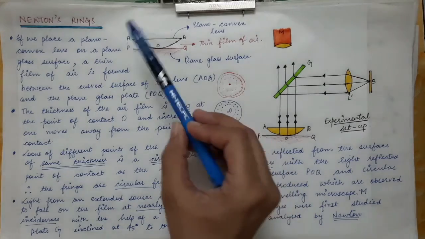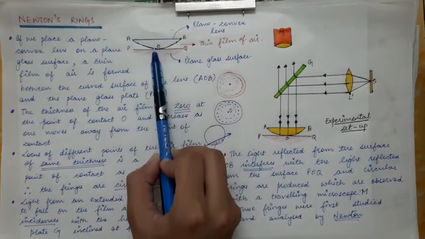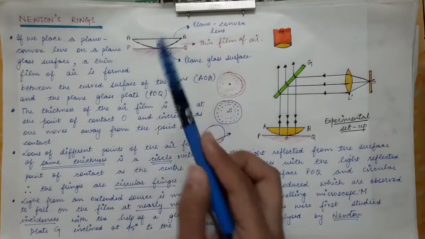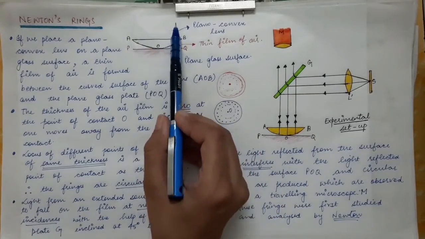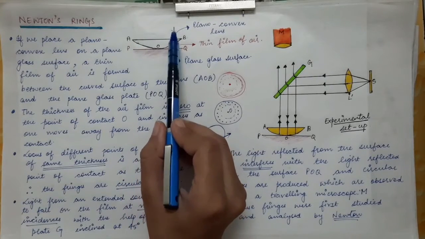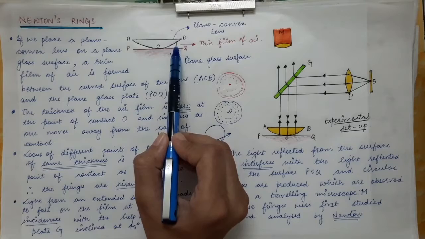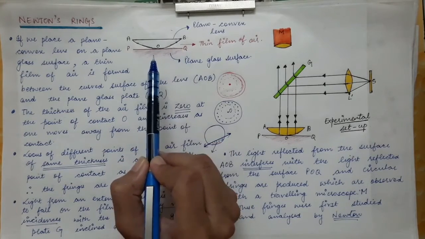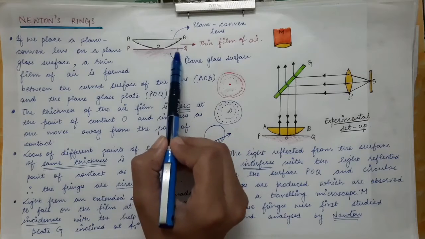So let's say the light rays are incident normally on this lens and they get reflected. Any incident ray will get reflected by this curved surface of the lens, as well as by this surface of glass. So there are two surfaces of the thin film.